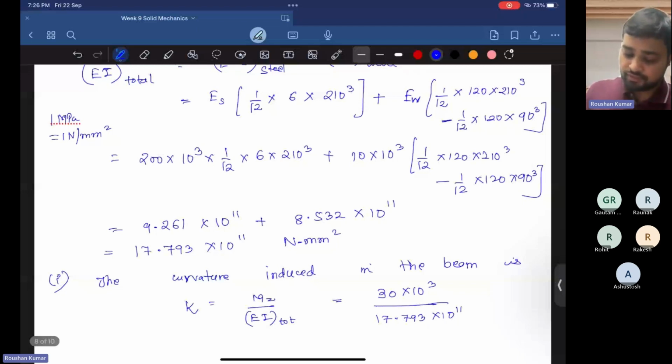Now the second part of the question is maximum bending stress in wood.